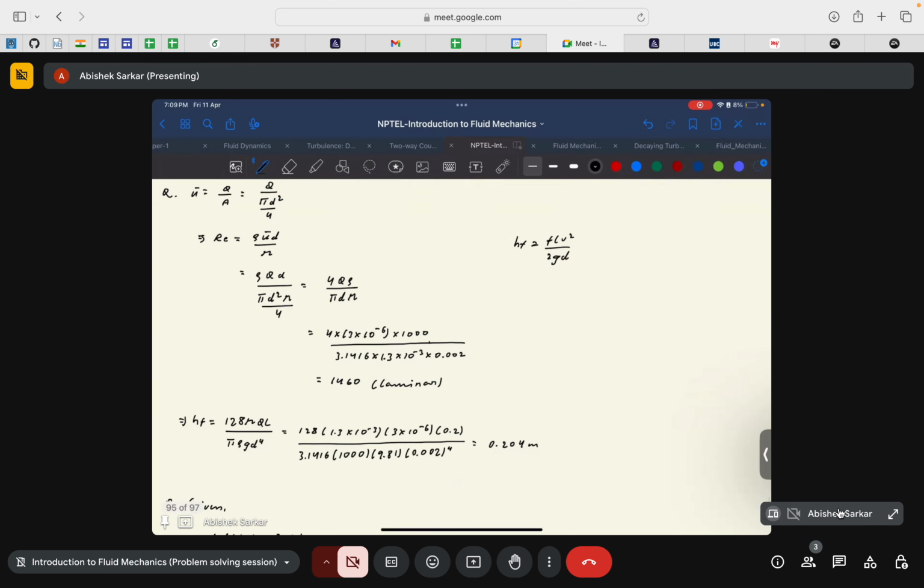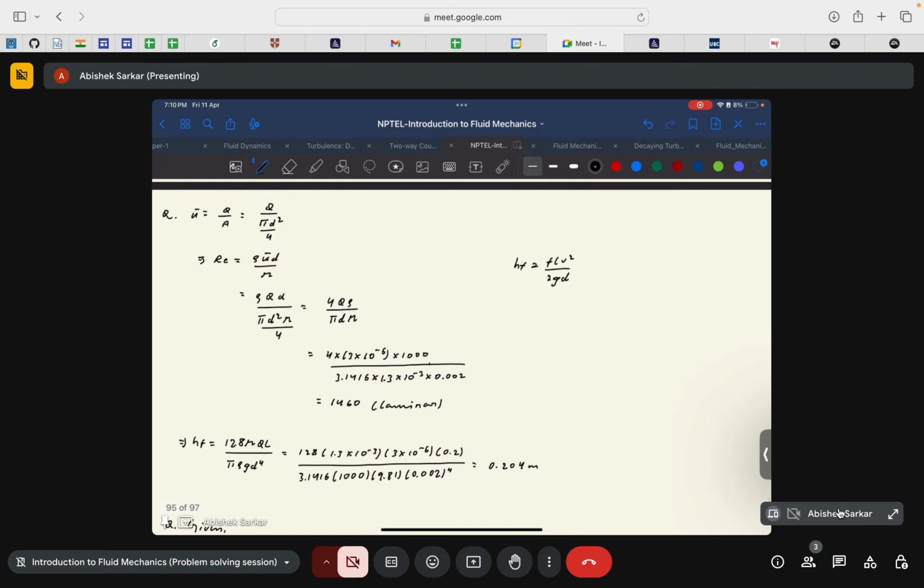But this head loss can also be found by using the expression for the average velocity from the velocity profile for flow through cylindrical pipes. Since we do not have the value of f, we cannot use this formula right now because we do not know the value of f.